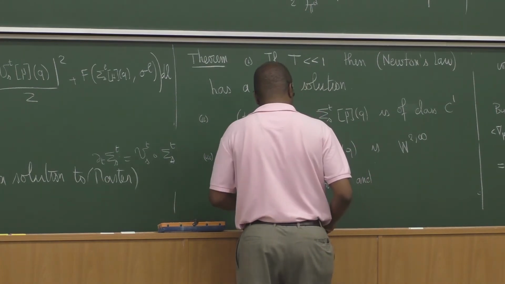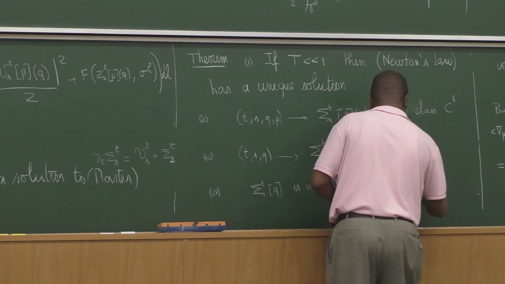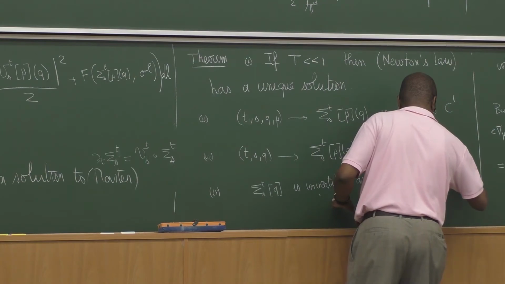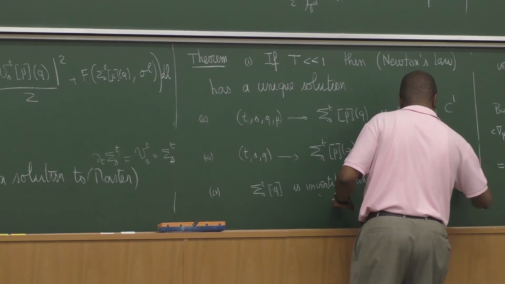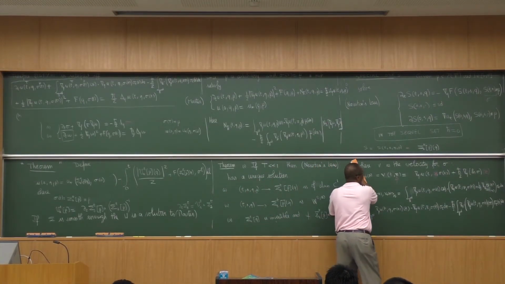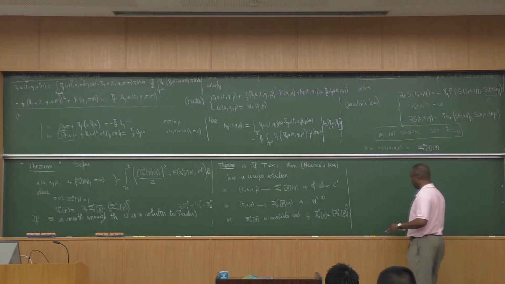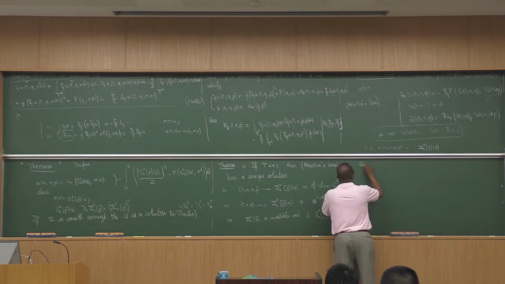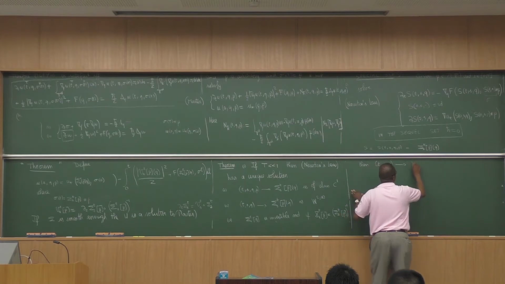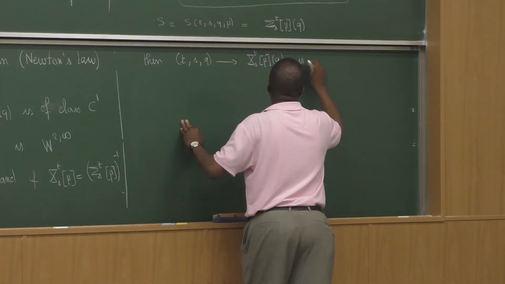And if we set S, St, mu to be the inverse, sigma St, mu, then T, S, Q goes to S, T, mu, Q is W1 infinity.